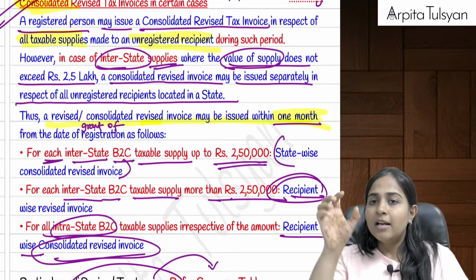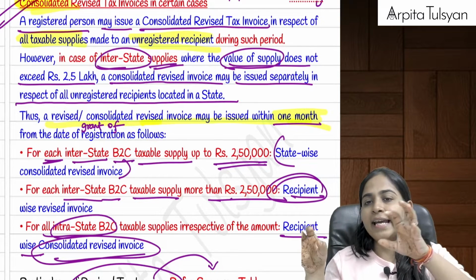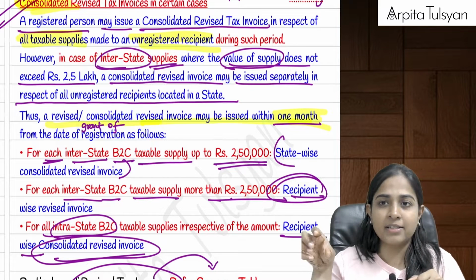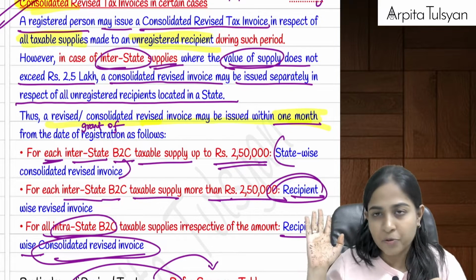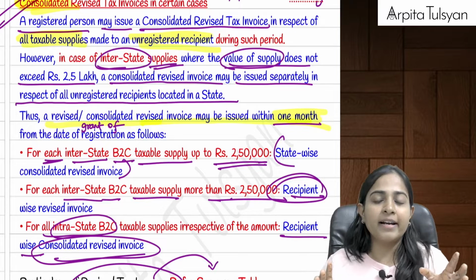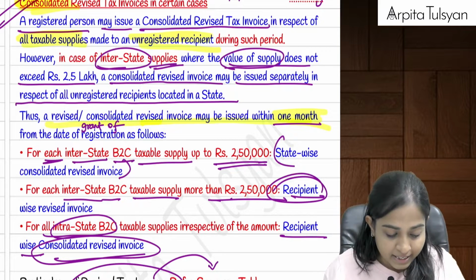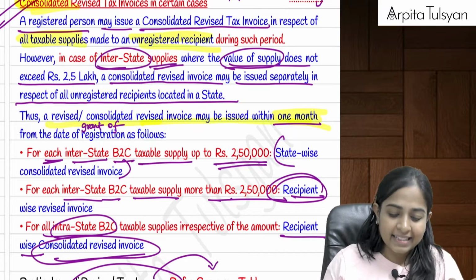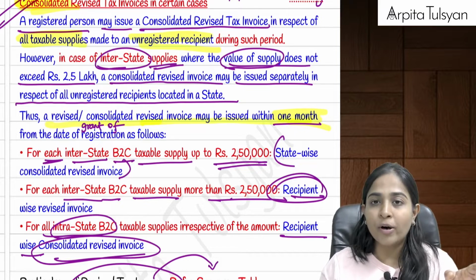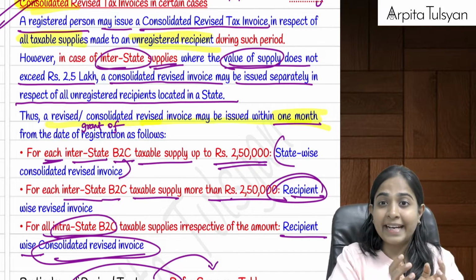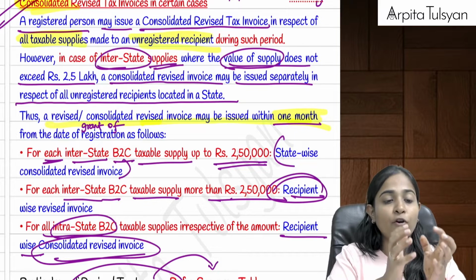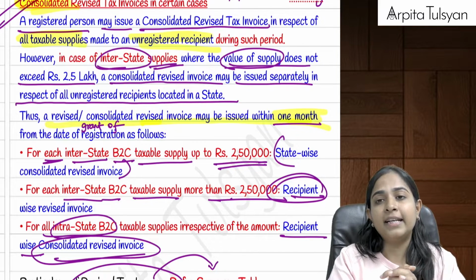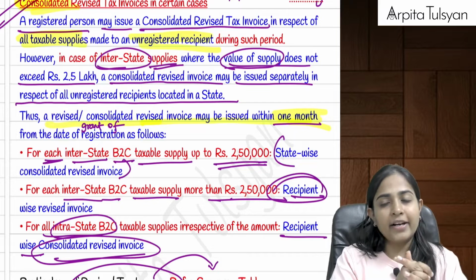So now how will we bifurcate it? In case of supply done to a registered person, the consolidated concept is not at all applicable. In case of an unregistered person, the consolidated one is applicable. In case of unregistered also, if it is an interstate supply where the value does not exceed 2.5 lakh for one state, for all the unregistered recipients taken together, you can issue a consolidated revised tax invoice.